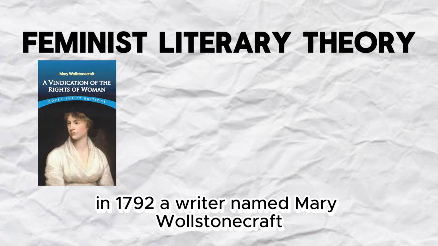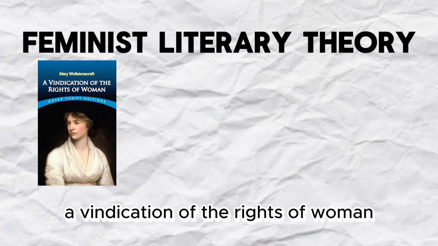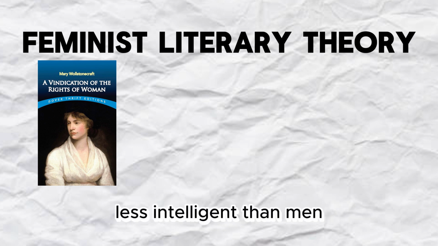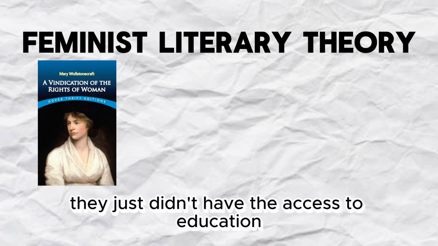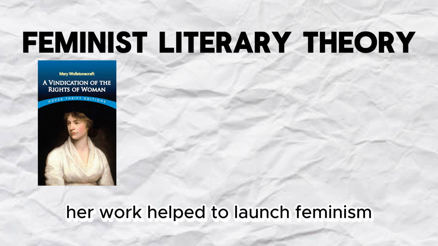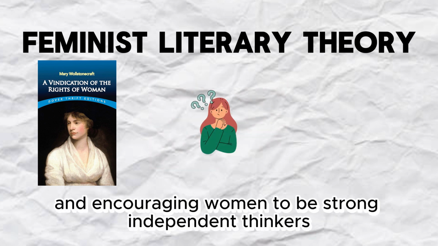In 1792, a writer named Mary Wollstonecraft published a powerful book called A Vindication of the Rights of Woman. She argued that women weren't naturally less intelligent than men. They just didn't have access to education. Her work helped launch feminism by calling for equal rights and encouraging women to be strong, independent thinkers.